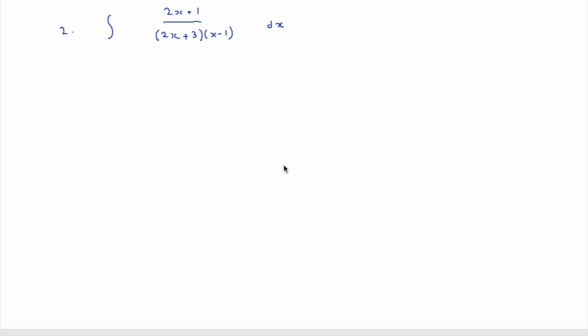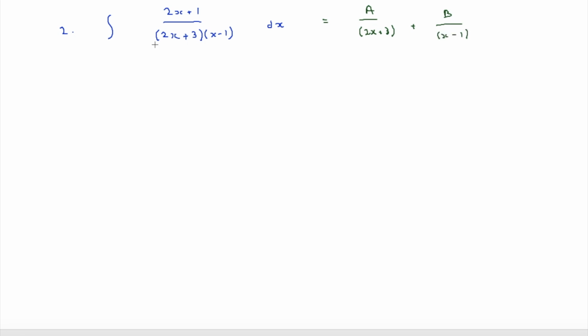The next question we have is fairly similar, but with slightly more difficult numbers. Again, we can say that this is going to be equal to A over 2x plus 3 plus B over x minus 1.